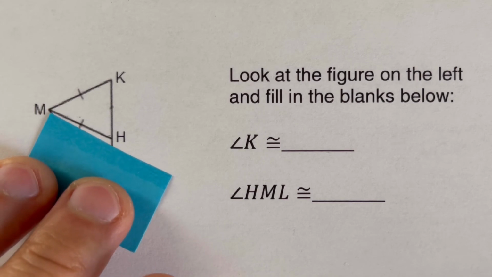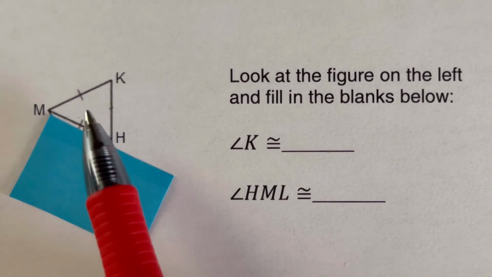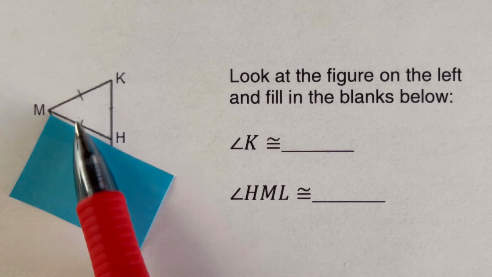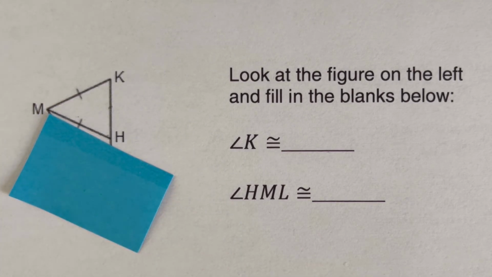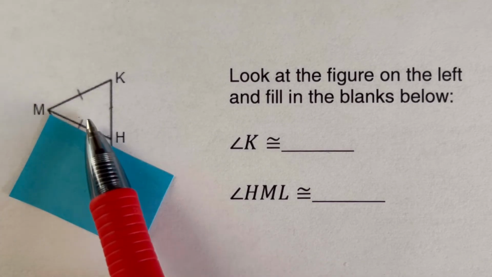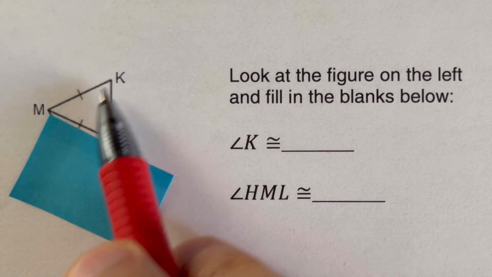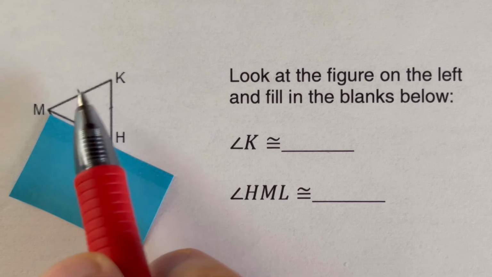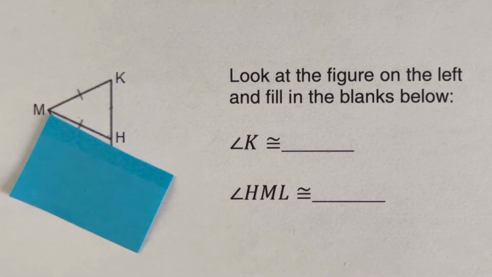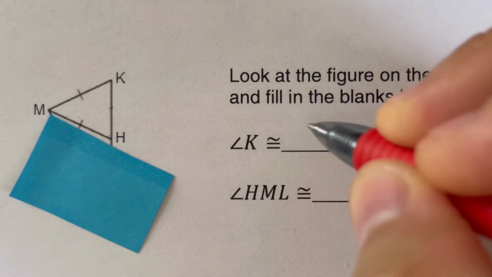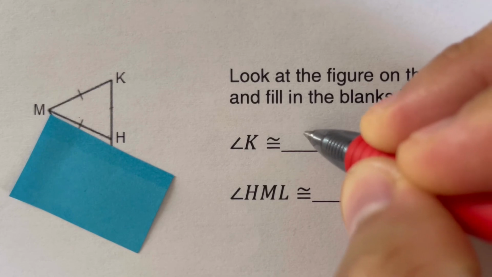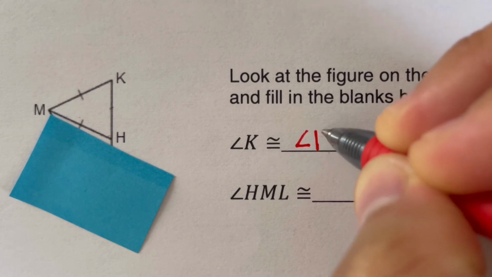Angle H, since both sides here are equal based on the isosceles triangle theorem, the angle across from them would also be equal. Angle K is opposite to this side and angle H is opposite to this side, so we can say that angle K is congruent to angle H.